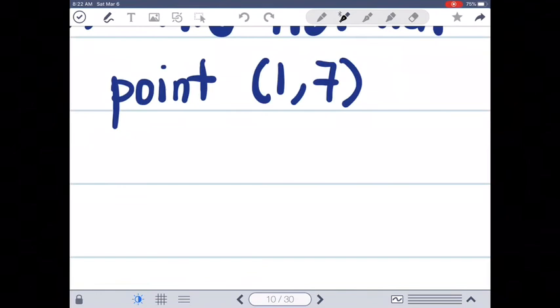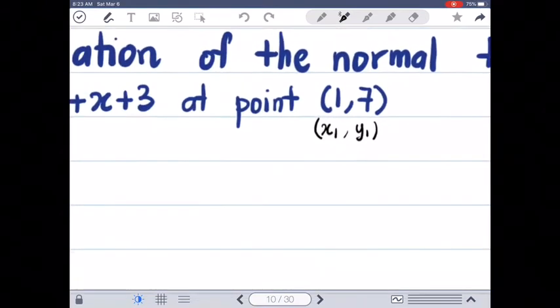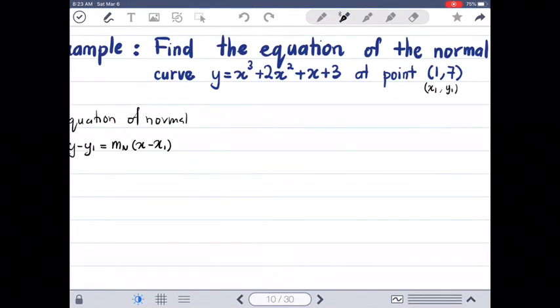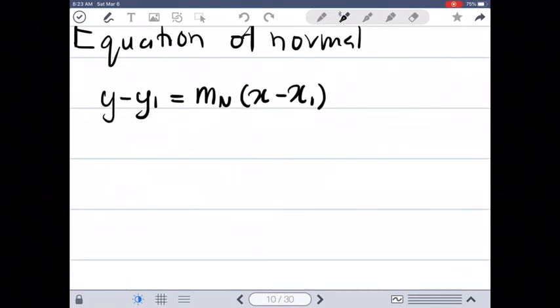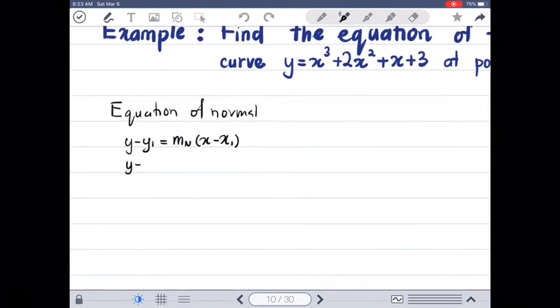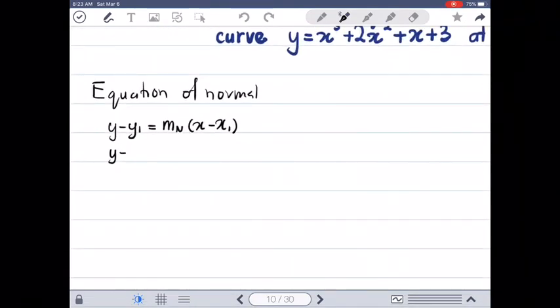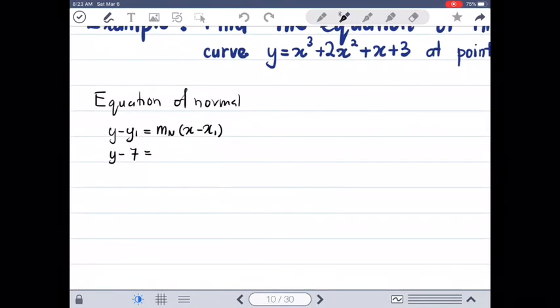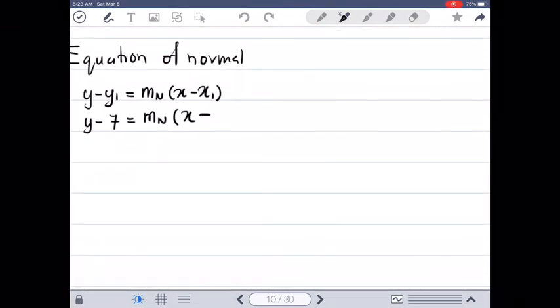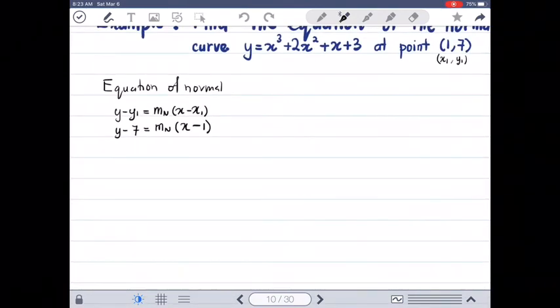And we have the point (1, 7), this is x1, this is y1. Therefore, we have y minus our y1 which is 7, equals mn, we don't know yet, times x minus x1 which is 1. Now, our challenge is to find mn.